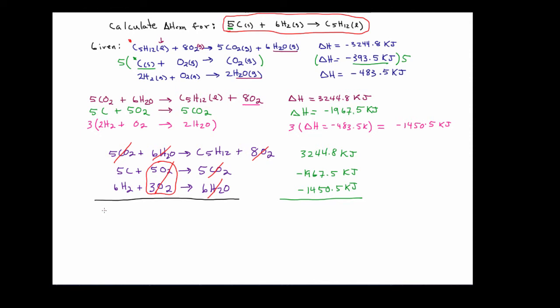And now when we sum this together, we can see that we're going to get the correct equation. It will be 5 carbons plus 6 hydrogens to produce C5H12, which happens to be pentane, in its liquid form.